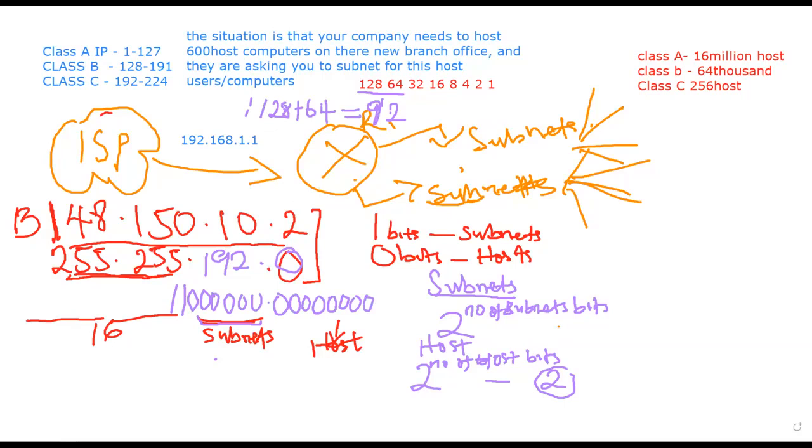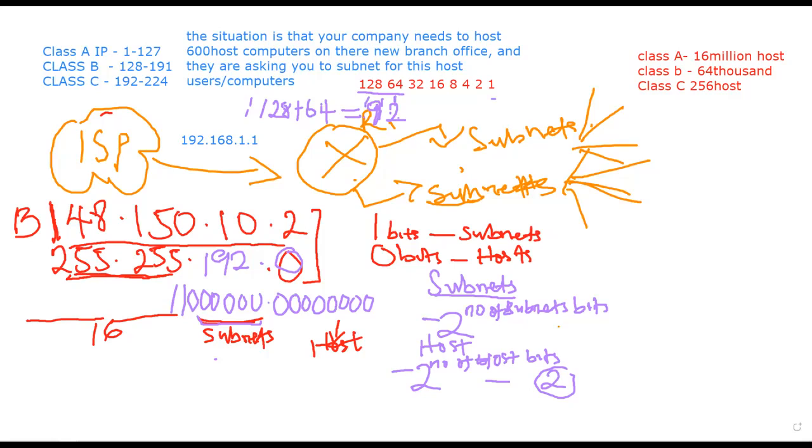Good. Now why is this so? More explanation is given in my other videos, please watch that. Because here we have 128 plus 64 which makes up 192, and we have 192 on this subnet mask. So here will be 1, here will be 1, and the others would be 0. This is how we got these bits. Now, remember from our formula, we had this formula for subnet mask and this for host.